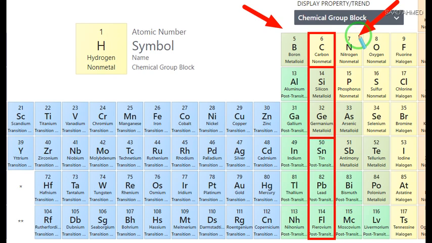When you use group 3 elements, which are boron, aluminum, gallium, indium, thallium, if you draw the atomic structure of these elements, you will see that the valence orbit will carry 3 electrons, and that is why they are also known as trivalent elements.